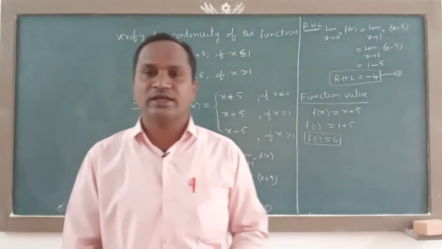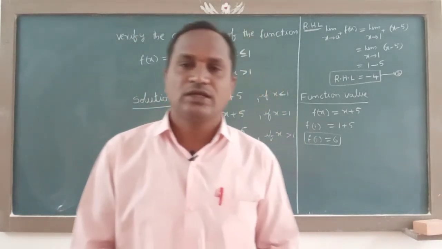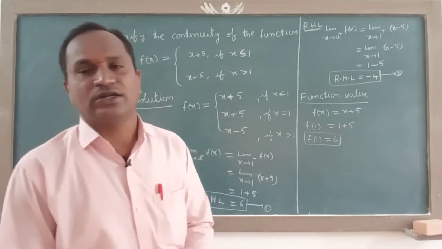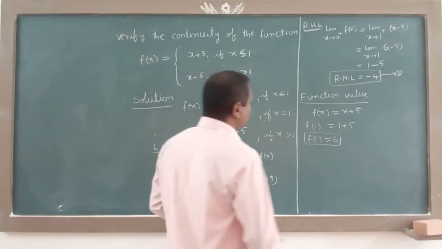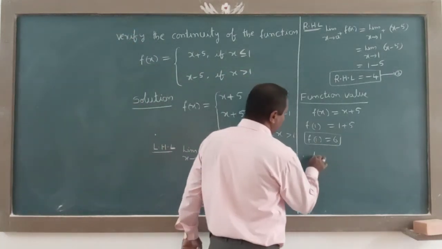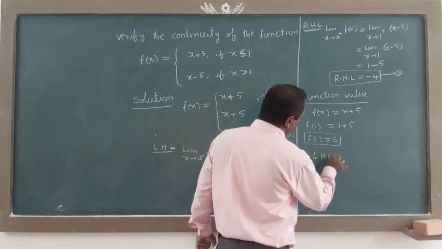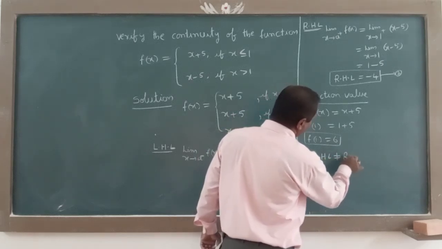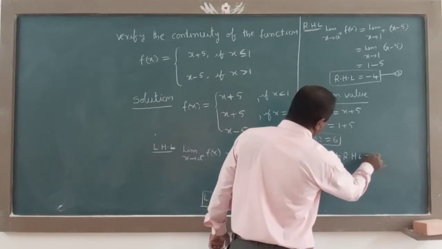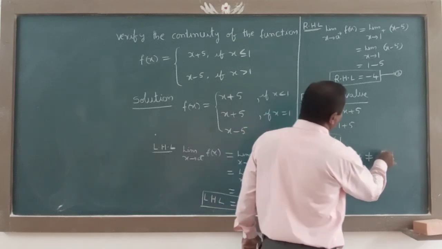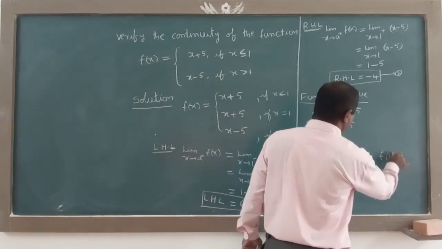That's why we can easily tell that the given function f of x is a discontinuous function. Therefore, we can write here LHL is not equal to RHL, and RHL is not equal to the function value f of 1.